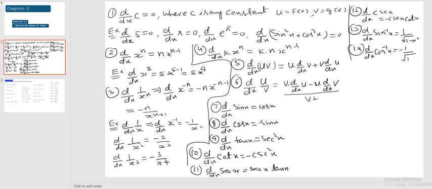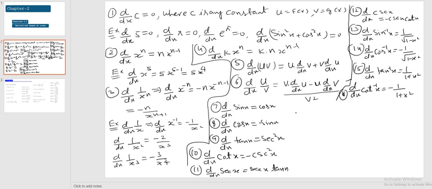Write it the same, just put a negative. d/dx of tan inverse x is 1 divided by 1 plus x square, and d/dx of cotangent inverse x is the same but negative, minus 1 divided by 1 plus x square.